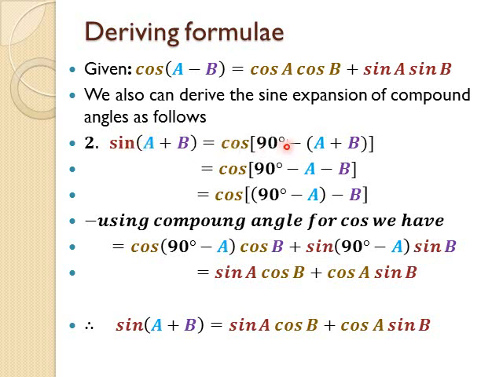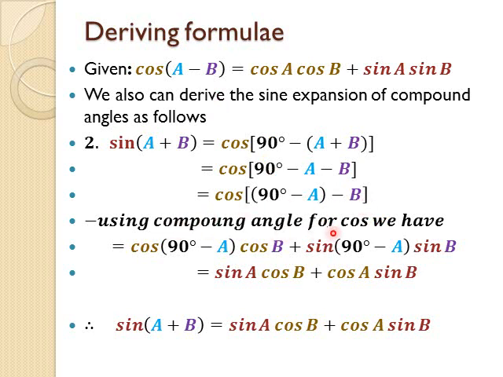So there, cos(90 - (A + B)). Take the A out, that becomes negative A, negative B. Then I group 90 minus A as one angle and B as a second angle. So instead of having A, I have 90 minus A, and my B is B. Again, the compound angle in this case has only two angles.